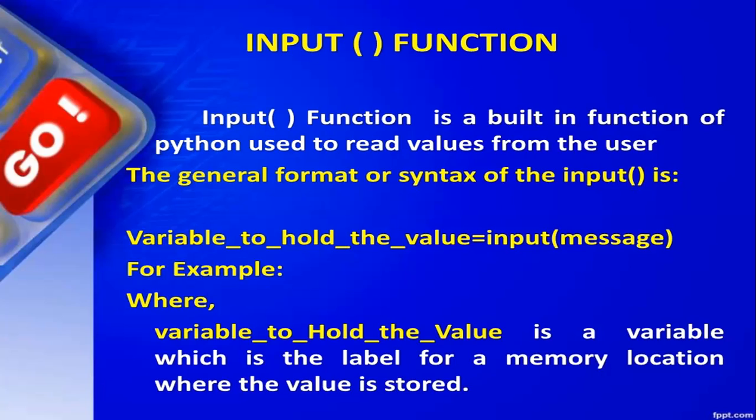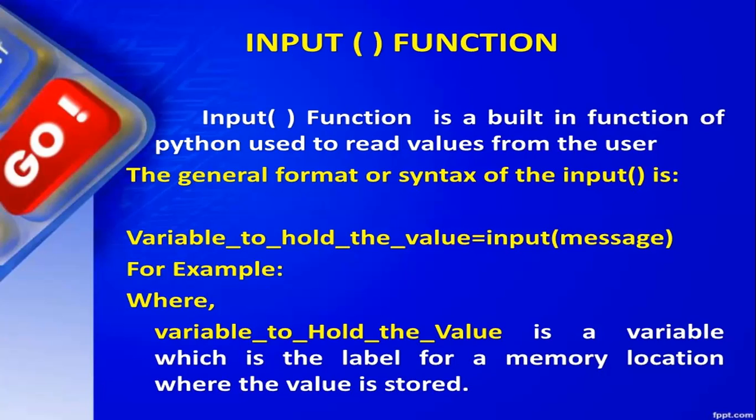Okay, so an example will be, now over here, can you see variable to hold the value? This entire thing is the name of a variable. And then you have the assignment operator, and then you have input, and in the bracket you have the word message.